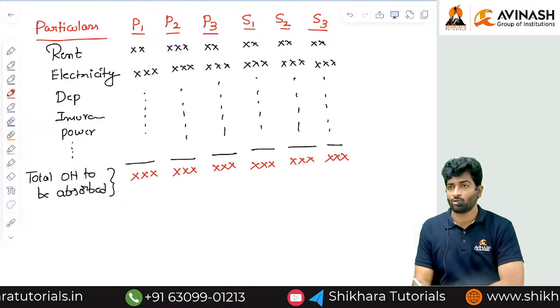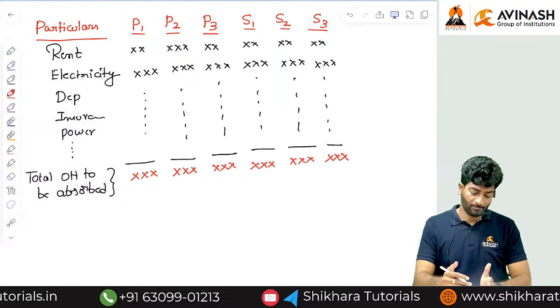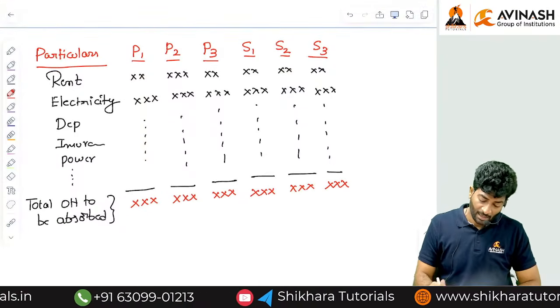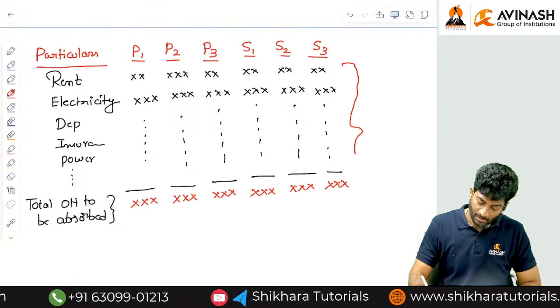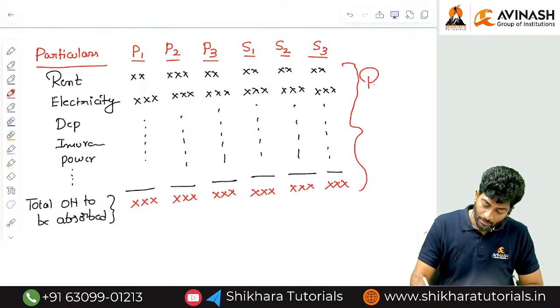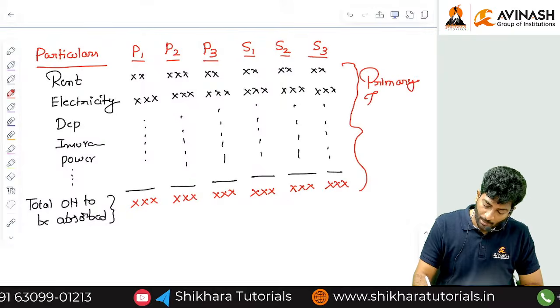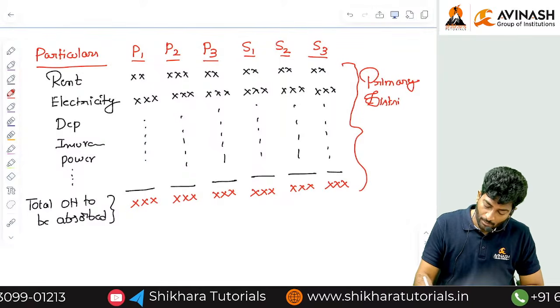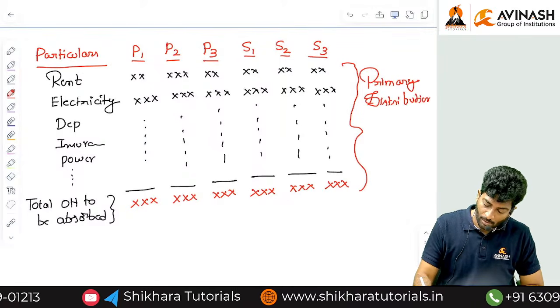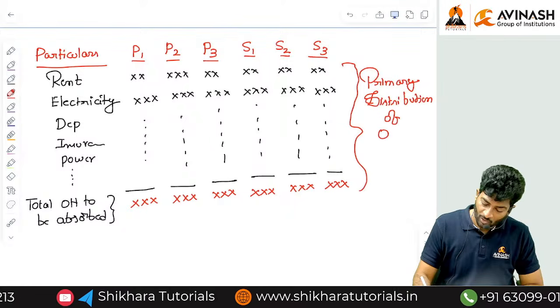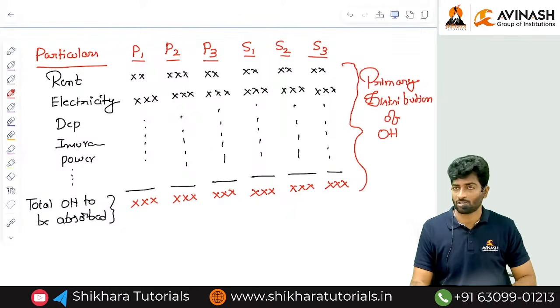Now, after knowing these expenses, by the way, you have apportioned the expenses, right? And this apportionment is known as primary distribution of overheads, or it is nothing but distribution of overheads.